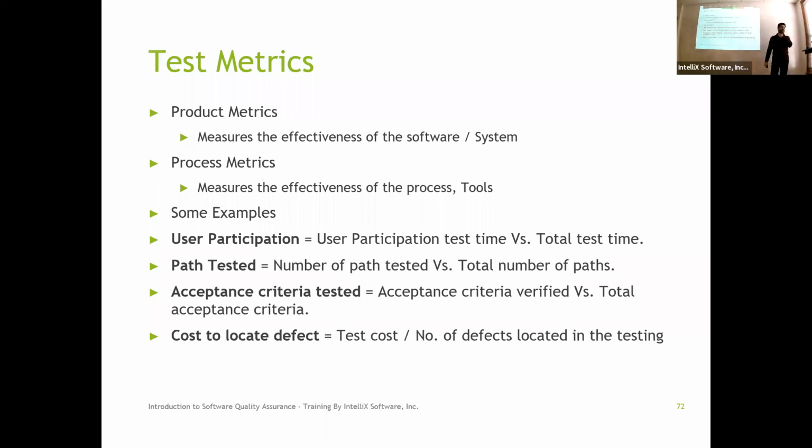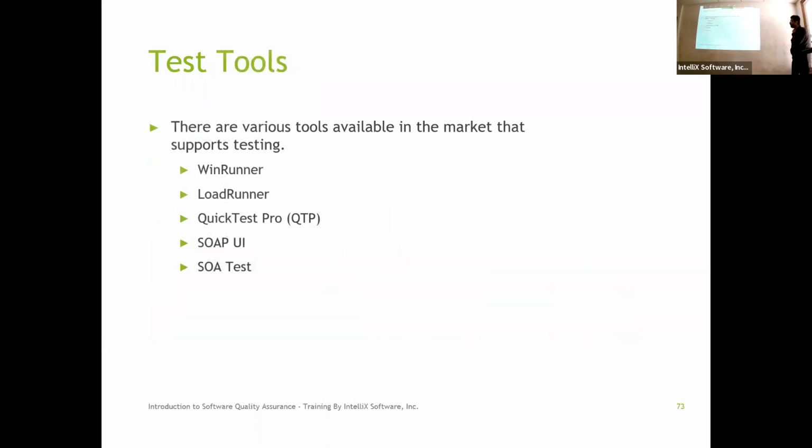One of the process metrics you can use is how long it takes you to identify a defect, and how many test cases you have to run on average before you identify a defect. The other one is product specific: once the defect is identified, what is the cost to fix it, how long it takes, how many people need to be involved, and so on.